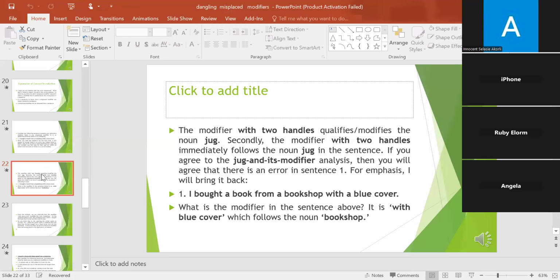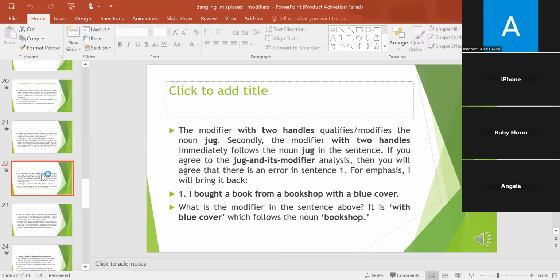The modifier with 2 handles qualifies or modifies the noun jug. Secondly, the modifier with 2 handles immediately follows the noun jug in the sentence. If you agree to the jug and its modifier analysis, then you agree that there is an error in sentence 1. For emphasis, I'll bring it back.